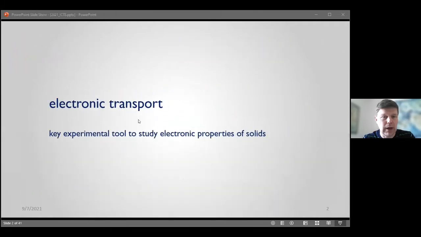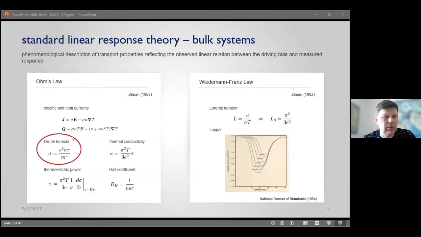So I'll start by a one slide reminder of the electronic transport itself. Usually that's simply how one studies electronic properties of solids experimentally. Traditionally, you assume a linear response of the electronic system towards external bias, and the external bias can be either an electric field or a temperature gradient.